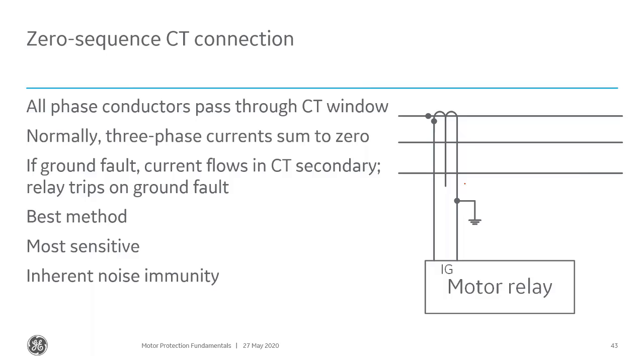Now, there are a few things we should take into account here. So let's talk about how this motor might be protected. Let's say that sitting over here is a transformer, and sitting over here is my motor.